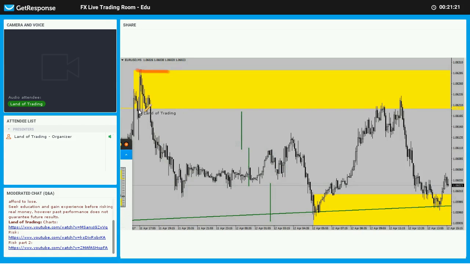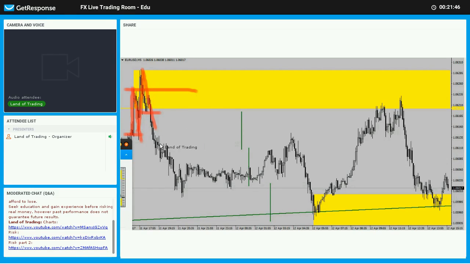So the yellow one is a 30 minutes supply. What I know here is that this rally sold off here below the demand. Another rally sold off below the demand. All right. So we broke this previous swing high.